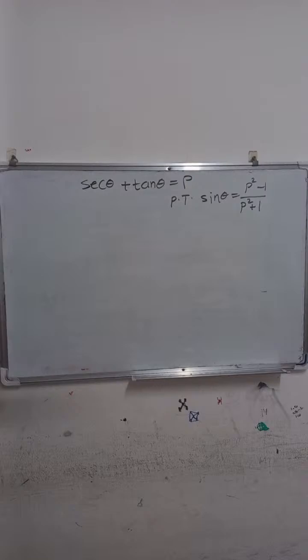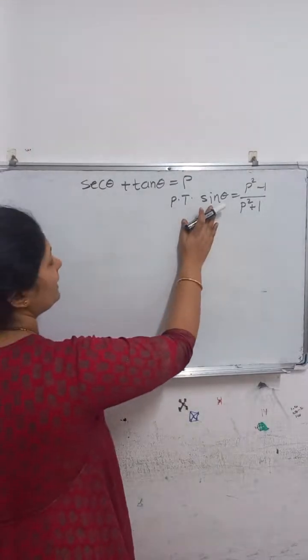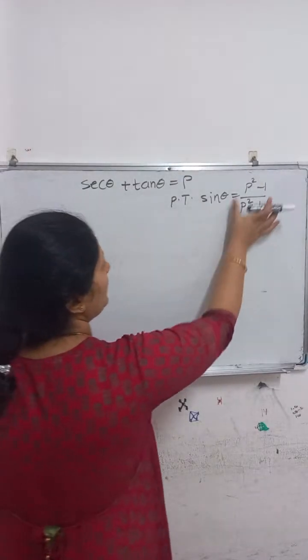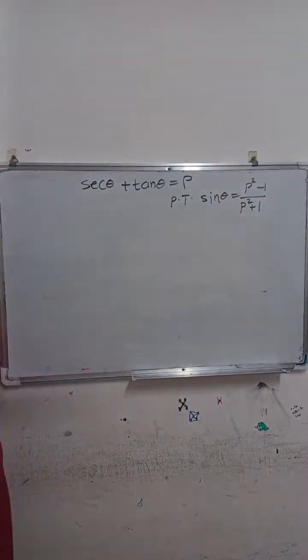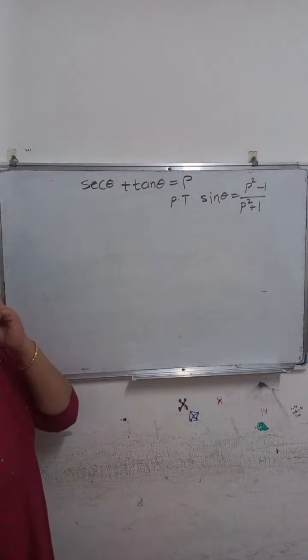So now check. Here LHS is your sin theta and RHS is P square minus 1 upon P square plus 1. Here we can't do it only by taking sin theta, but we can do some operations over here because the value of P is given, sec theta plus tan theta.